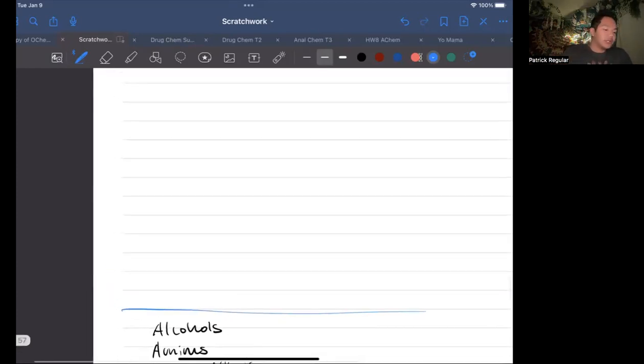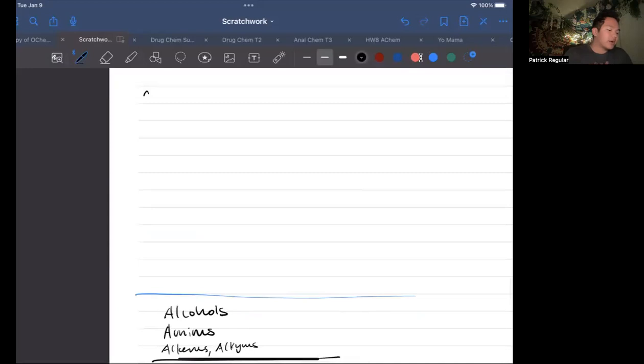Well, for the new list, the easiest thing is going to be carboxylic acids are the top. They have the highest priority, no matter what. So if you see carboxylic acid, you know there's no other functional group that takes priority over it. It has to be the top, right? And anything else are going to be carboxylic acid derivatives.